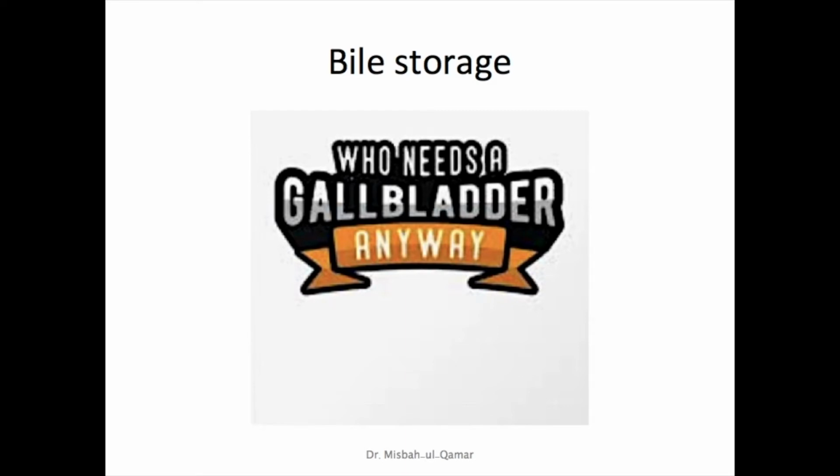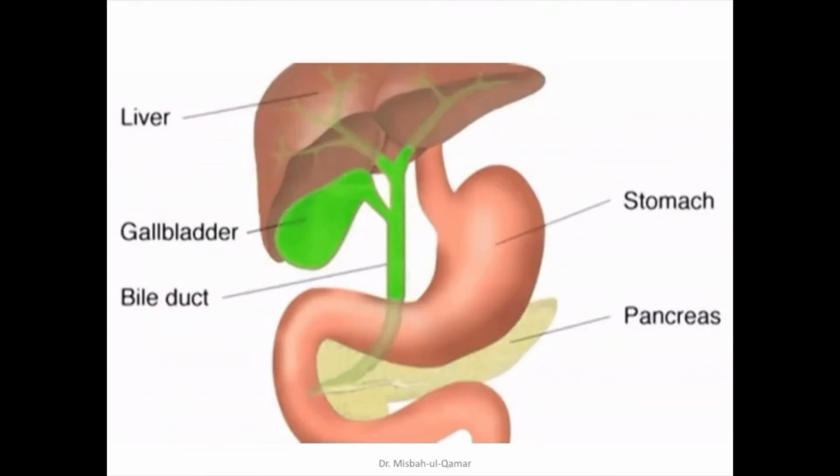Let's see now how bile is stored. As you already know, bile is secreted continually by liver cells. So, bile is stored in gallbladder until it is needed in duodenum.